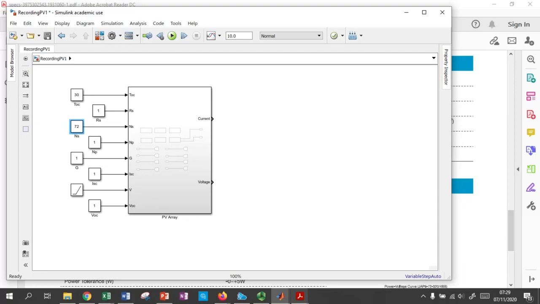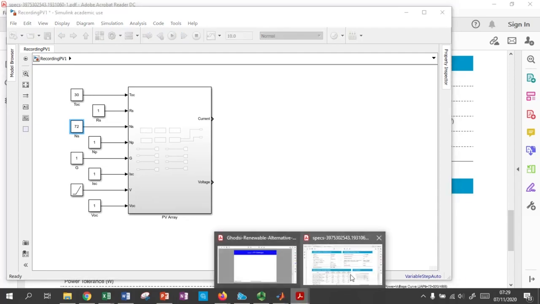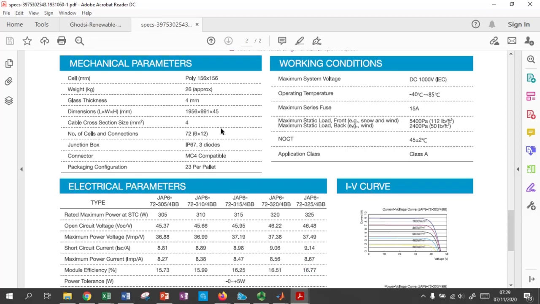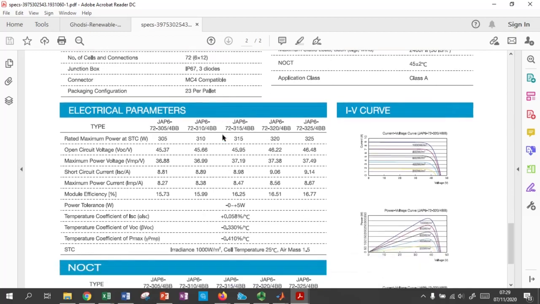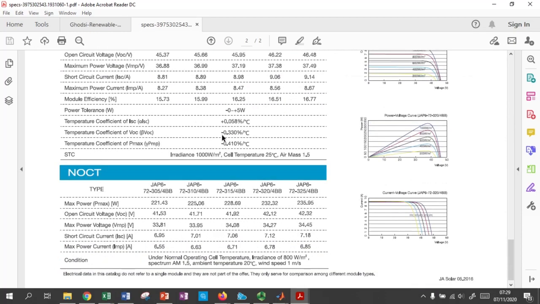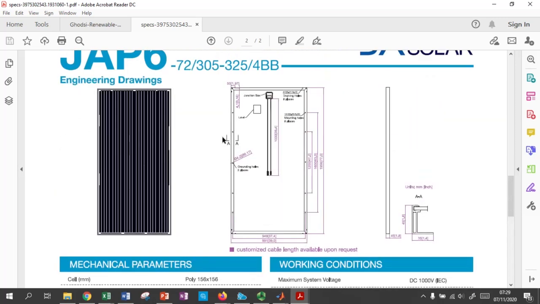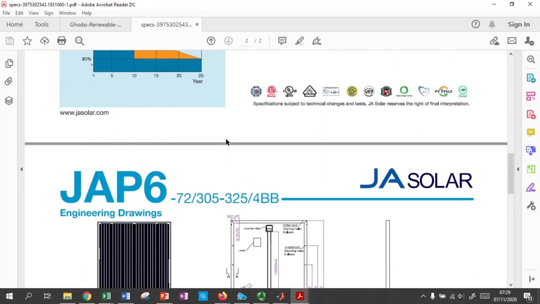Then regarding NP, let's find out. It seems that the number of parallel cells is not mentioned here. Then we can consider NP is 1.